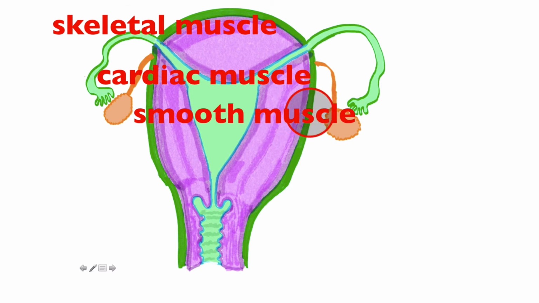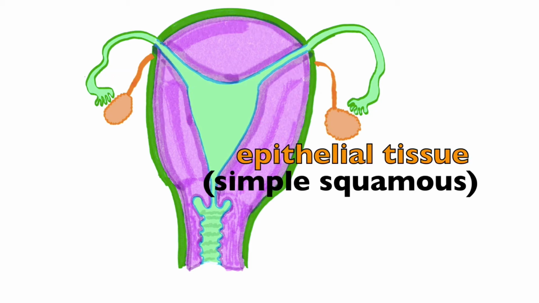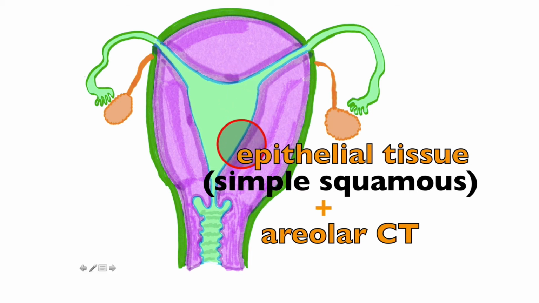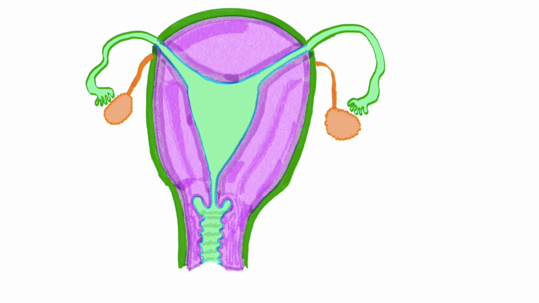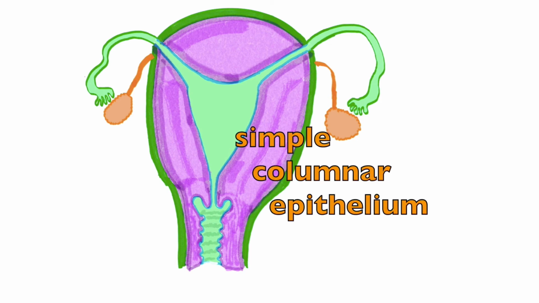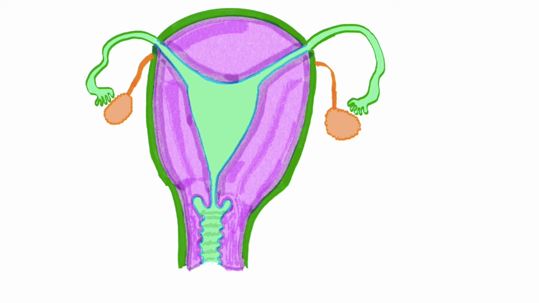The type of tissue that makes up the perimetrium is epithelial tissue, specifically simple squamous epithelial tissue, and an underlying areolar connective tissue. And making up the endometrium is simple columnar epithelial tissue. One thing I want to point out, the body is composed of a number of different types of cells. There are only 4 types of tissues in the body.